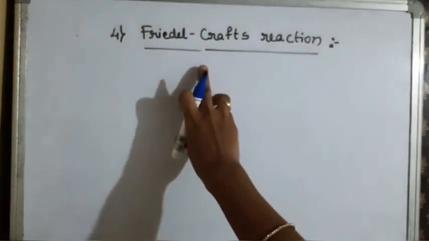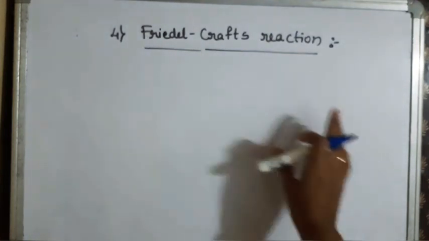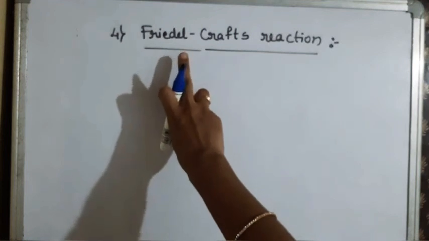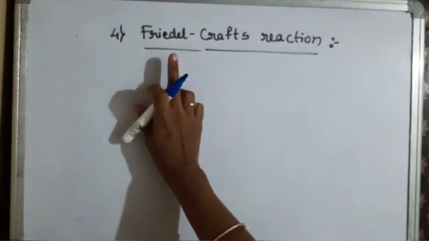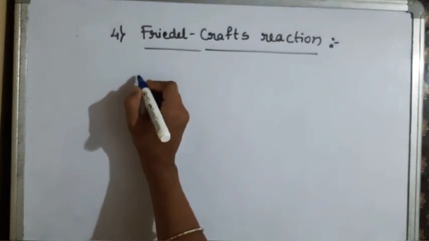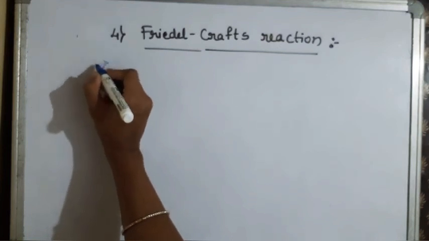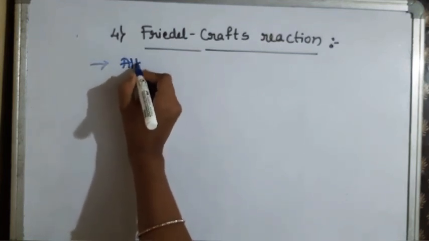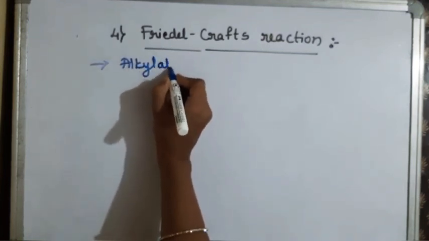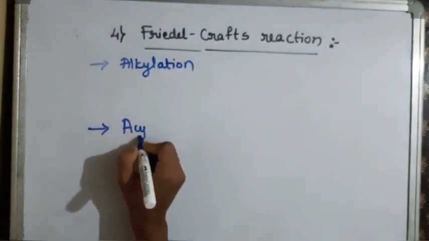The fourth type of electrophilic substitution reaction is the Friedel-Crafts reaction. Aromatic hydrocarbons undergo the Friedel-Crafts reaction, and in this case aromatic hydrocarbons are usually treated with alkyl chloride. In the Friedel-Crafts reaction there are two types. One is Friedel-Crafts alkylation, another one is Friedel-Crafts acylation.